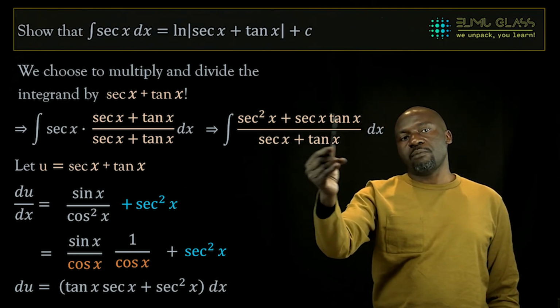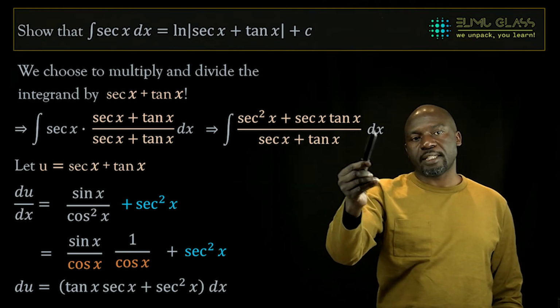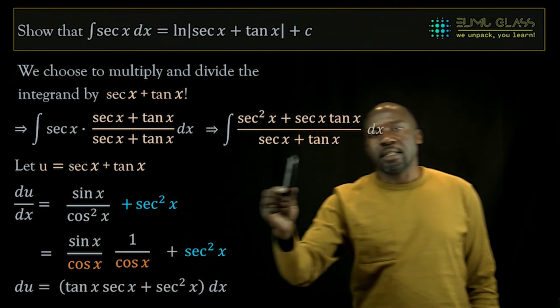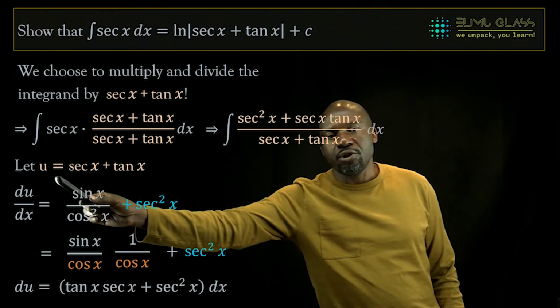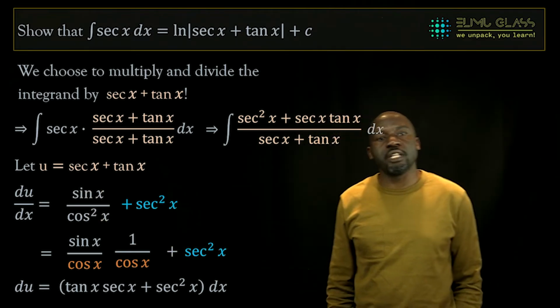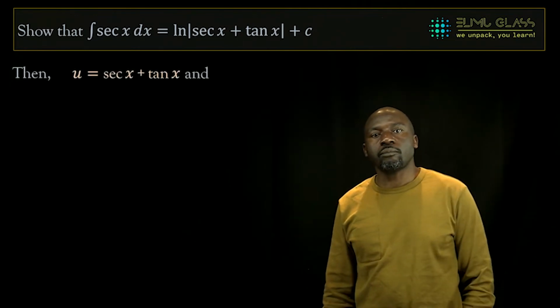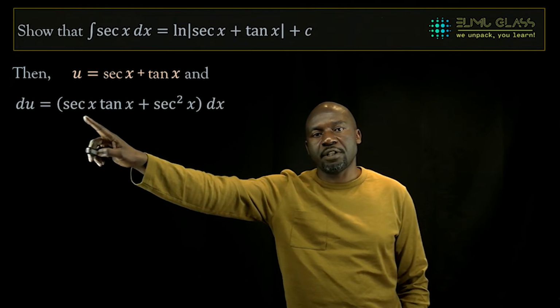And therefore I can remove that expression all the way from sec squared x to dx here, and replace it by du. Similarly, the denominator can be removed and replaced by u, the same way we did the previous one. So that was our u substitution, and we've found the derivative like that.